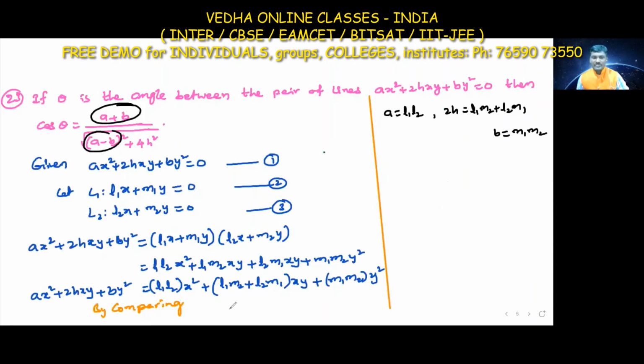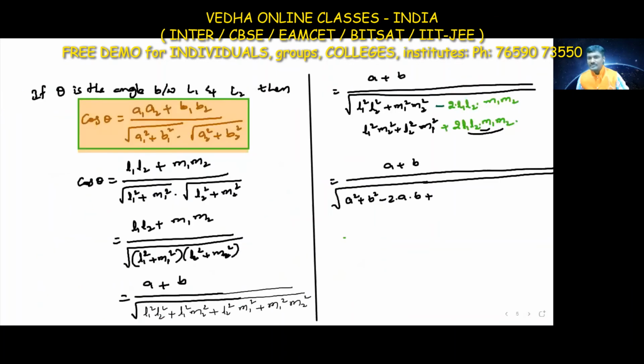Check this 2h value: 2h is L1 M2 plus L2 M1. That means L1 M2 plus L2 M1 whole square, that is 2h whole square. Now this is equal to A plus B divided by A square plus B square minus 2AB, which is A minus B whole square. And 2h whole square is the value of 4h square.